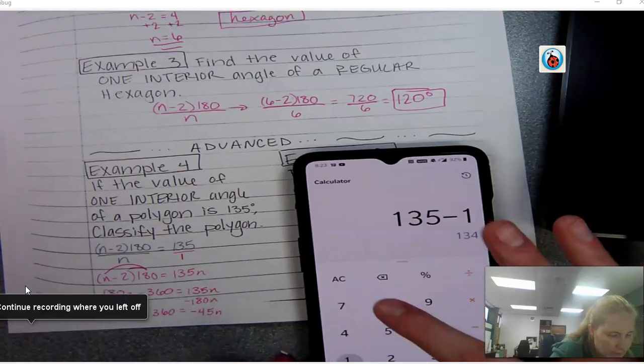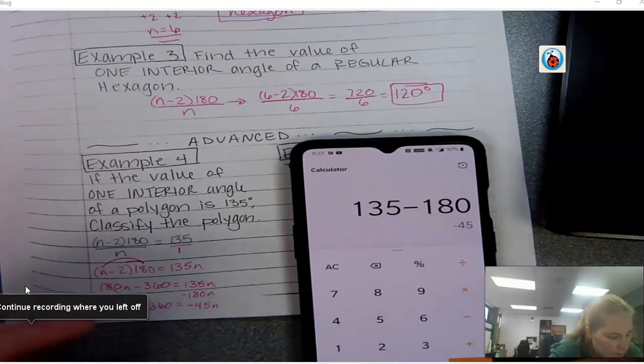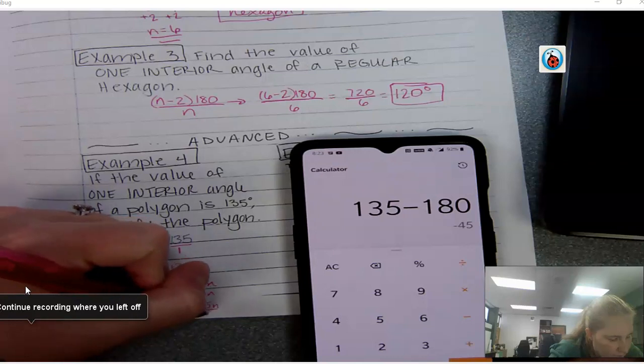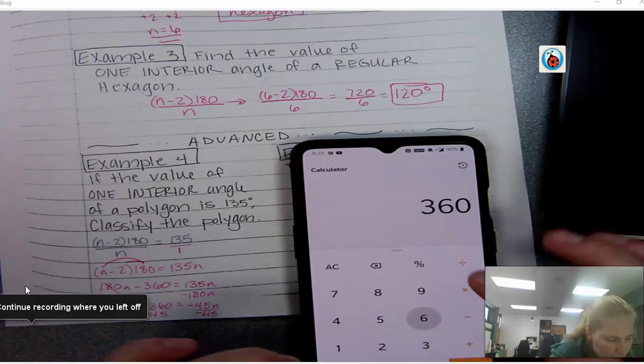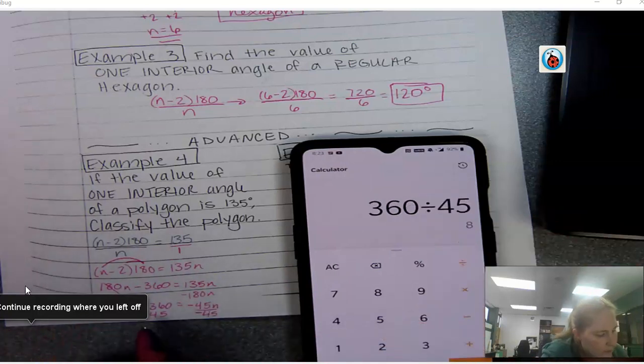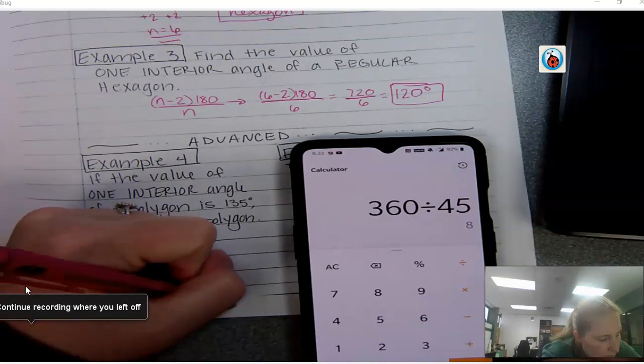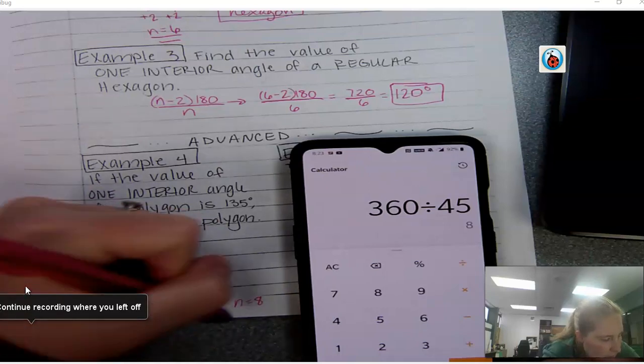So 135 minus 180 is negative 45. And then divide by negative 45 on both sides. 360 divided by 45. And those two negatives cancel out. So it's n equals 8.